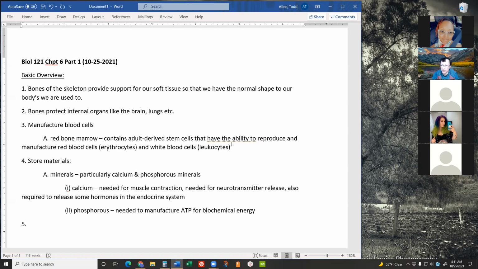An organ is a three-dimensional object made of multiple tissues interacting with each other to serve a common function. Bones are organs.